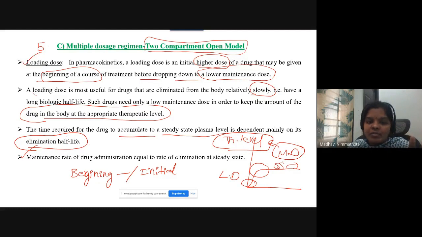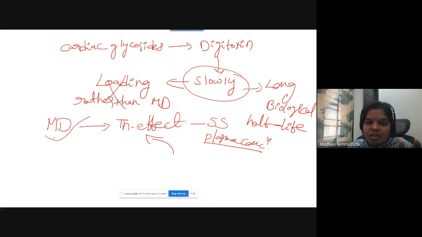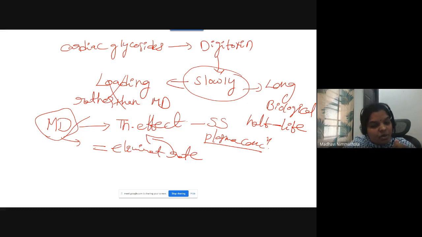Then it is also an important factor for drug accumulation property, and the maintenance rate of drug administration is equal to the rate of elimination. So here you are administering your drug at maintenance dose levels, so it is equal to the elimination rate at the steady state plasma drug concentration.